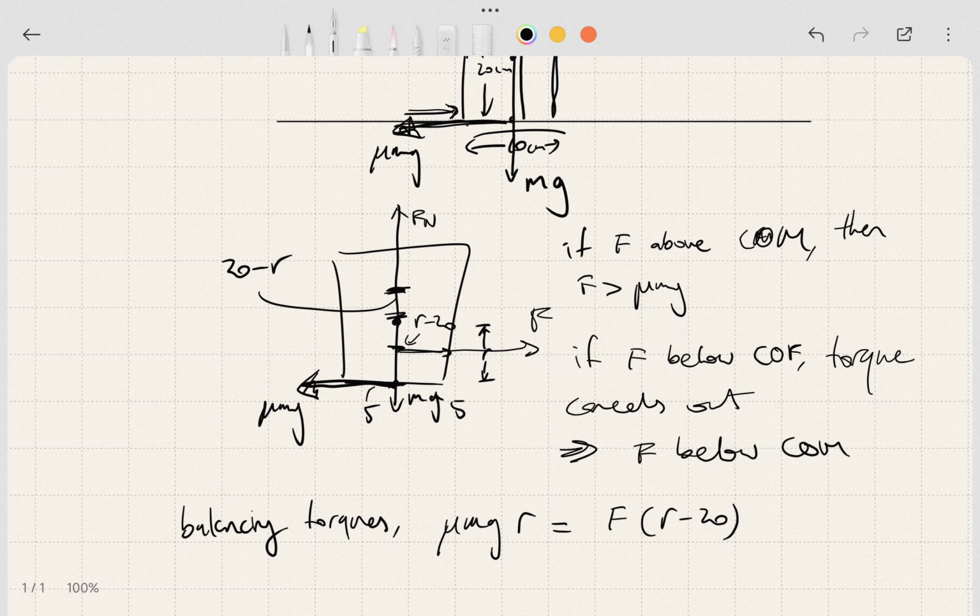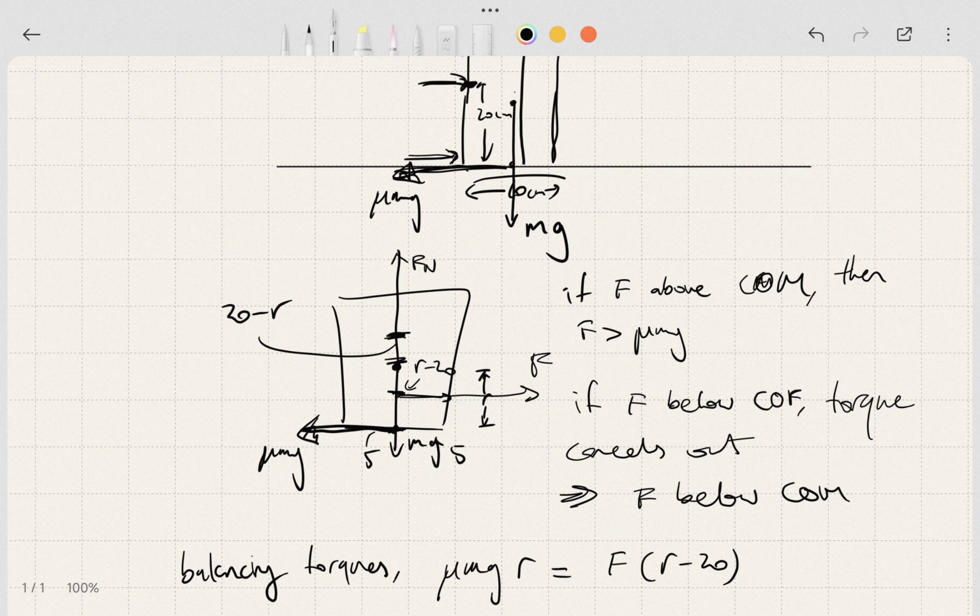Let's have a look at the hints first. Hint 1: a surface able to apply frictional force is described as rough. We know that. Move on to hint 2: find the coefficient of friction between block and surface.